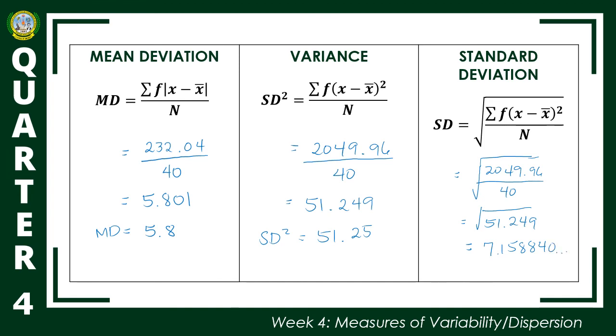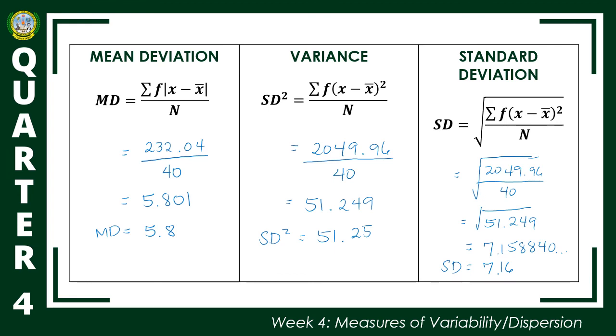So, i-round off natin ngayon yung sagot natin to the nearest hundreds. Standard deviation is equal to 7.16 kasi ang katabi ng 5 ay 8. Okay? So, yan po ang ating mga values na na-compute.